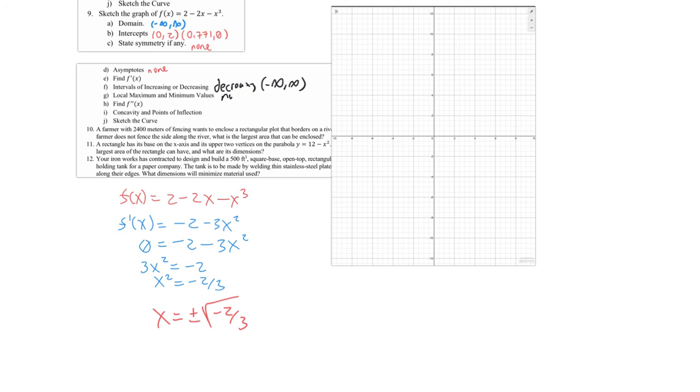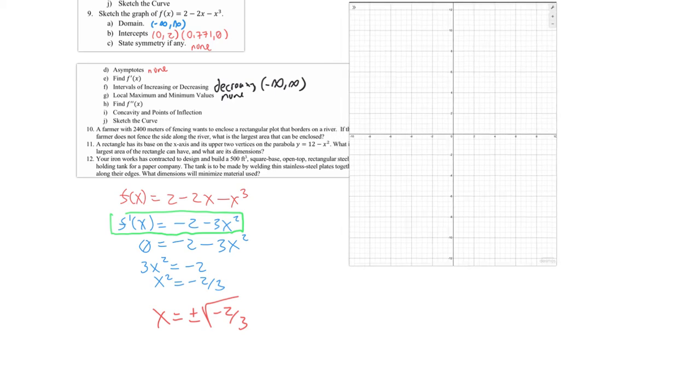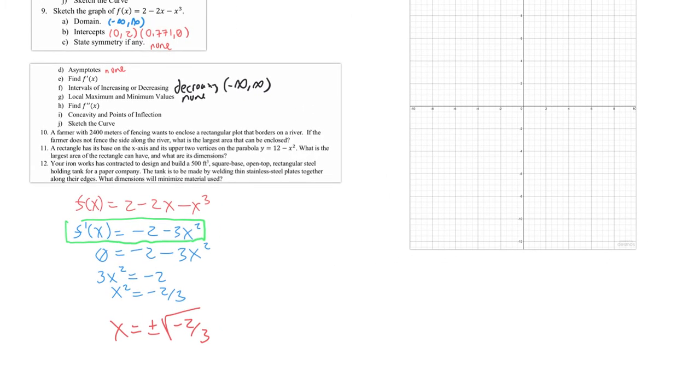Okay, find f double prime of x. Well, here is the first derivative. So if we take the derivative of that, we would end up with negative 6x.